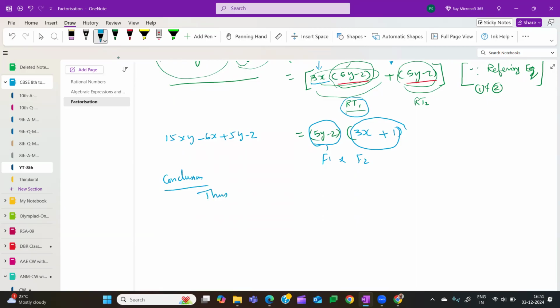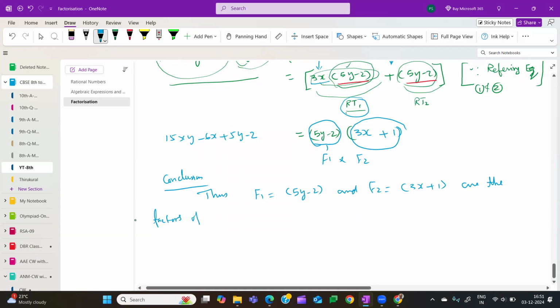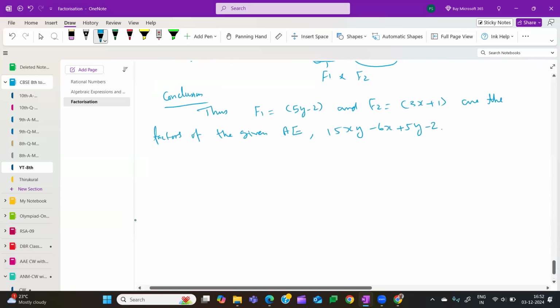Thus, F1 equal to 5y minus 2 and F2 equal to 3x plus 1 are the factors of the given algebraic expression, AE, that is 15xy minus 6x plus 5y minus 2. Okay, with this, the answer is over.